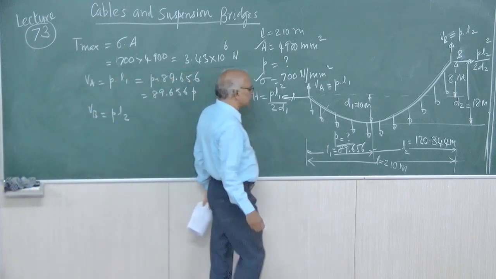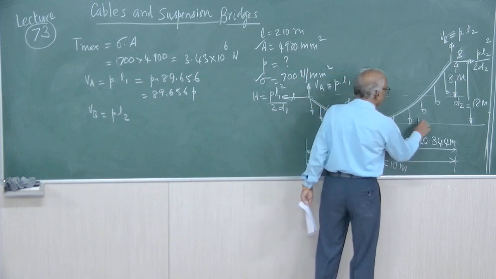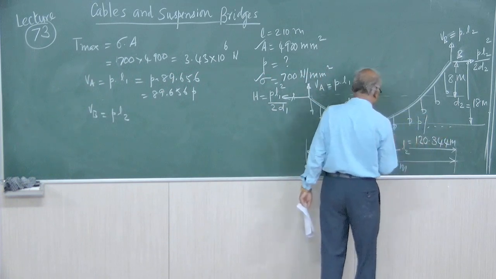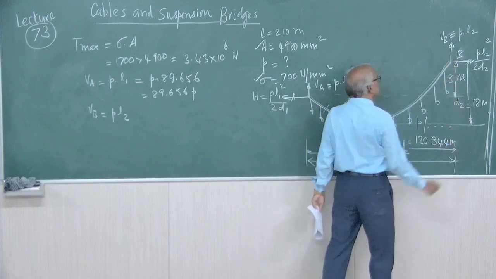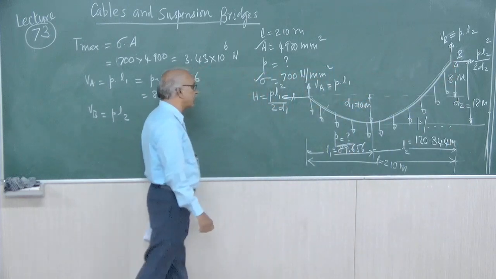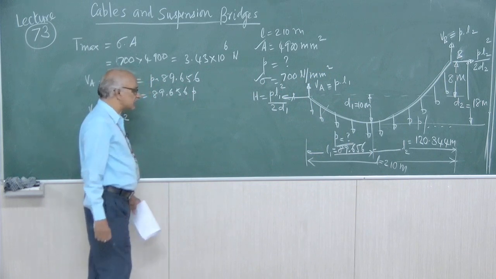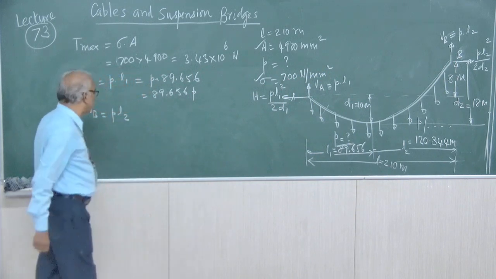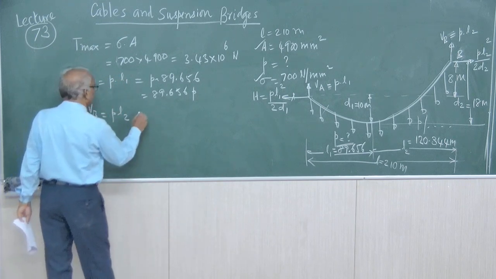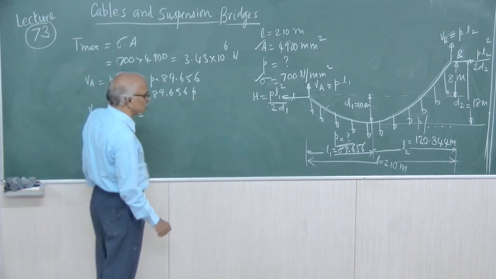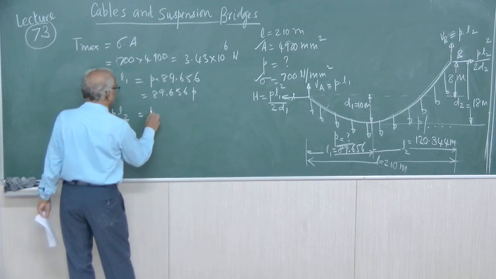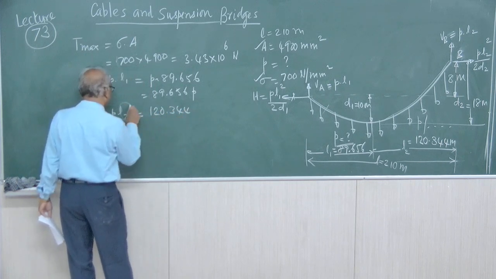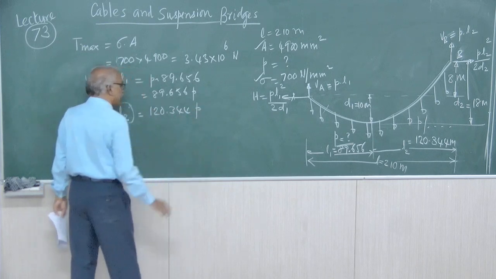The intensity of UDL is P per unit length, into L2. Whatever load is there from the lowest point up to B, that will be taken by support B. The length on the right hand side is L2, so P into L2 will be the reaction on the right hand side. L2 is 120.344, so VB equals 120.344 P.